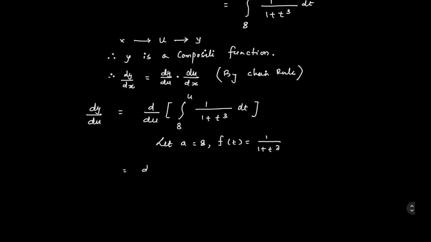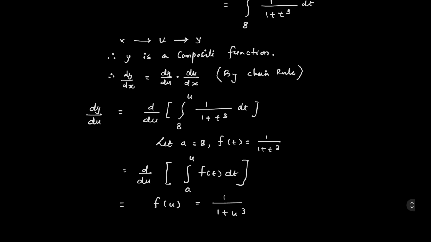So this can be written as d/du of the integral from a to u of f of t dt. So this I can write, by the fundamental theorem of calculus, as f of u. f of t is 1 by 1 plus t cubed, so this is 1 by 1 plus u cubed.